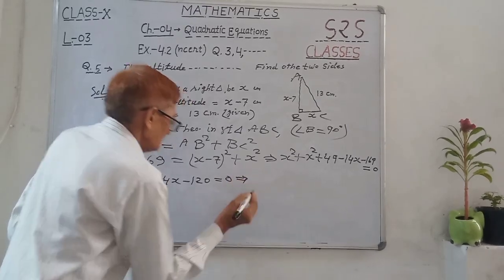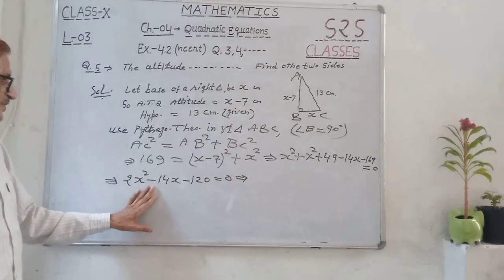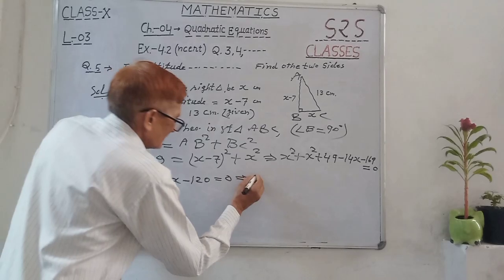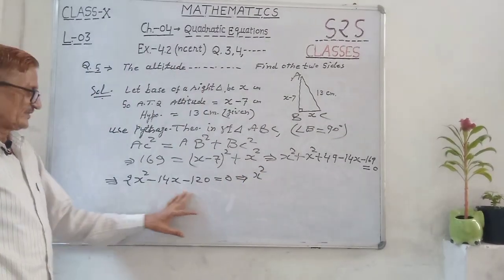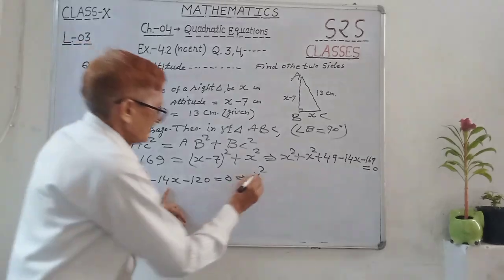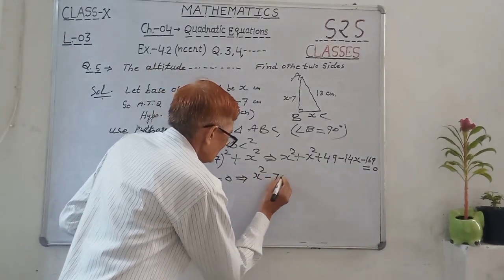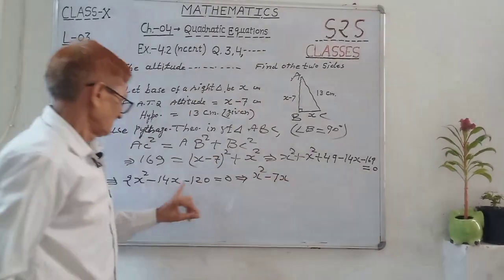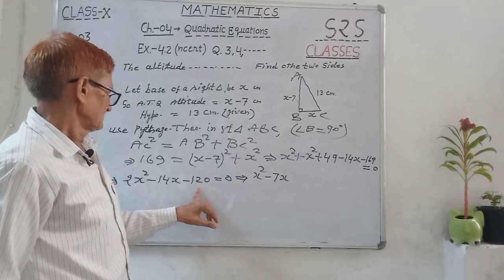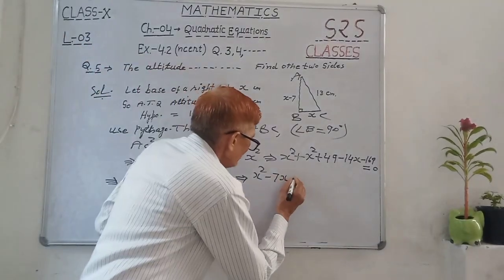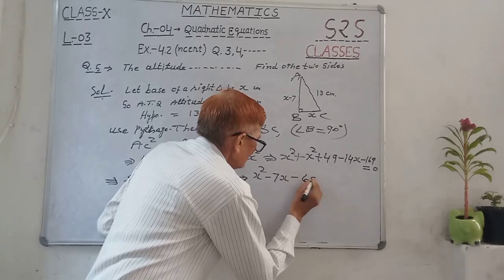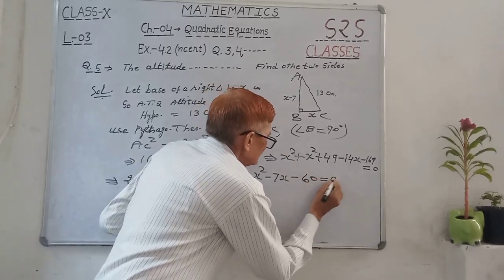This implies 2 is common, or we can write divide by 2, then x square minus 7x and minus 60 equal 0.